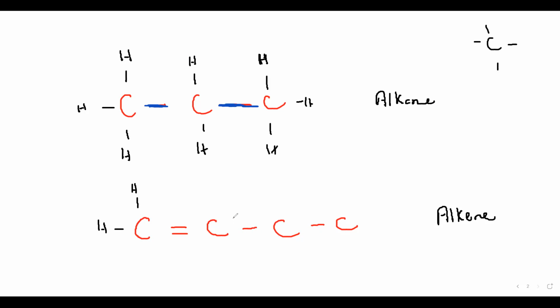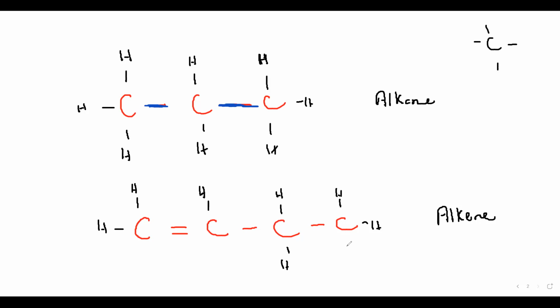How many can it adjust? Only one. Next to that, two bonds are there, so it can adjust two hydrogen. The last one has only one bond, so it can adjust three.